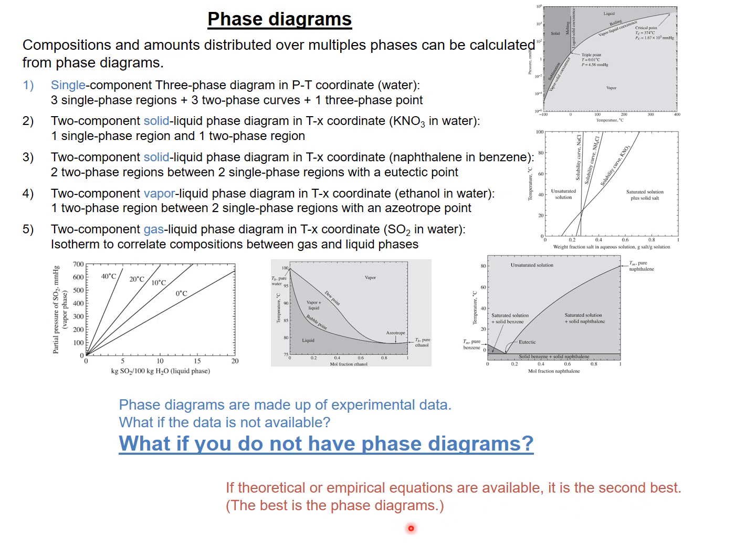Of course, the best is the phase diagrams. But sometimes these equations are more useful than the phase diagram when you are using a computer for calculation. So let me assume we don't have phase diagrams, and then let's go to the equations to describe some equilibrium between different phases.